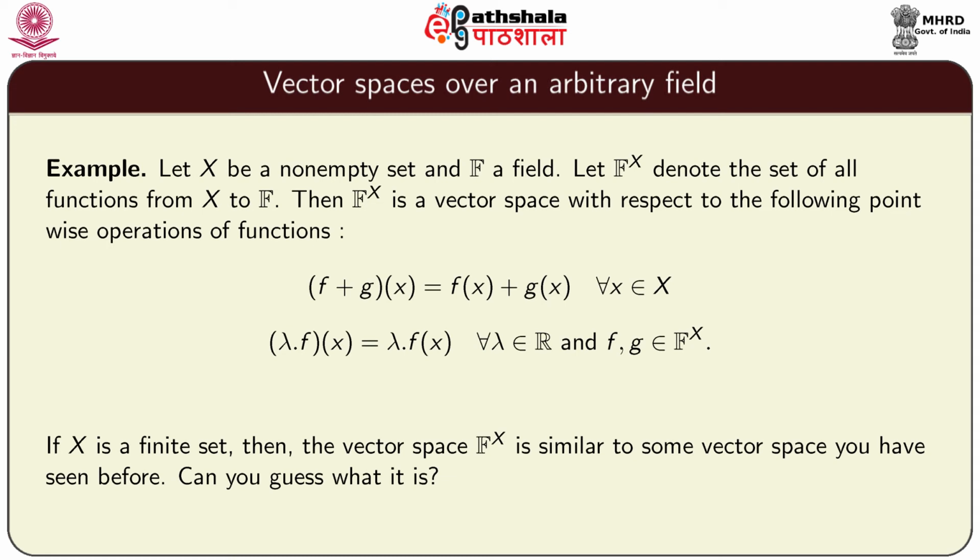I just leave it open ended for you. It is not very difficult to guess. The moment you see what a function does, then you should be able to make an identification of this F to the power X with something that we have discussed before. So, it is a quiz for you.